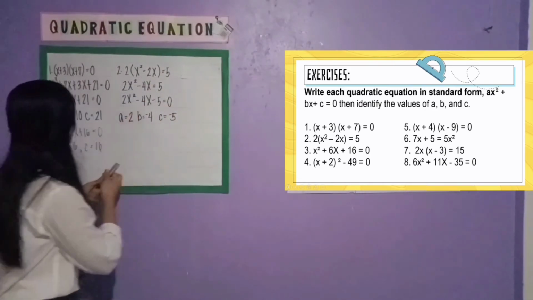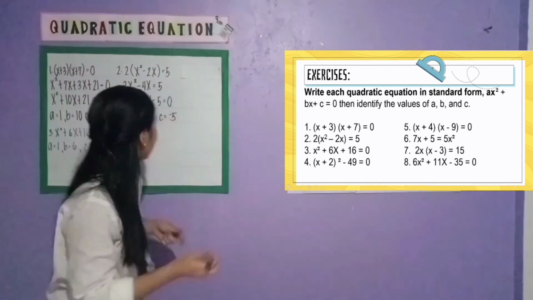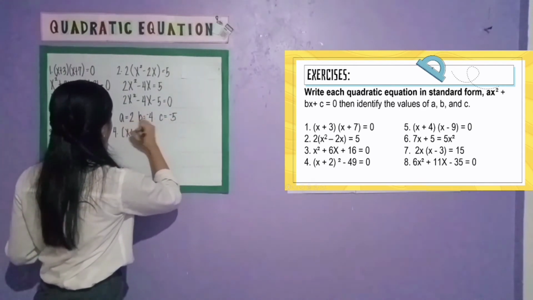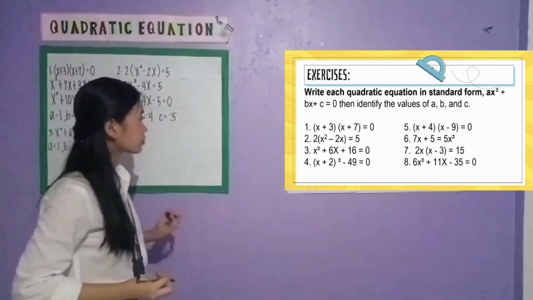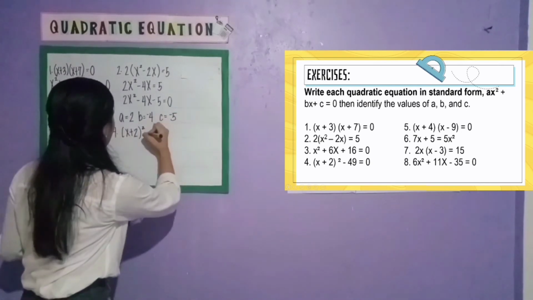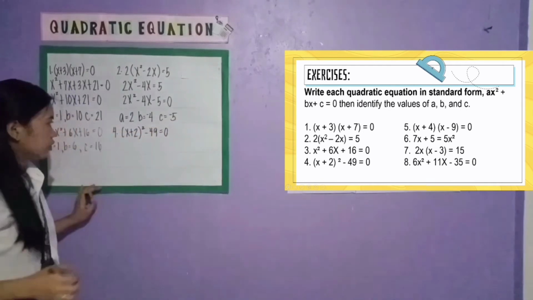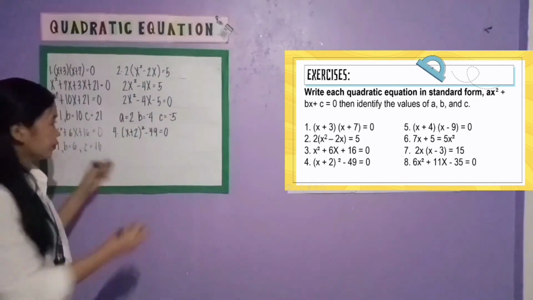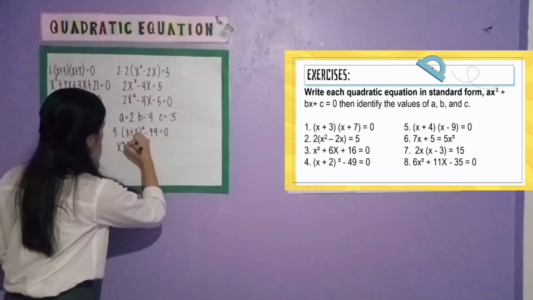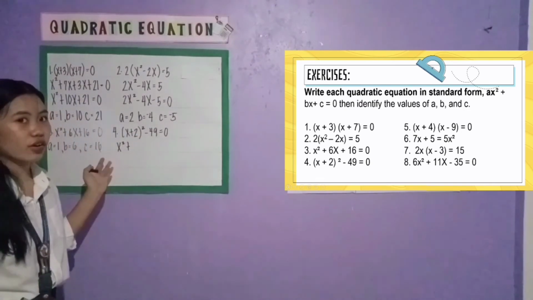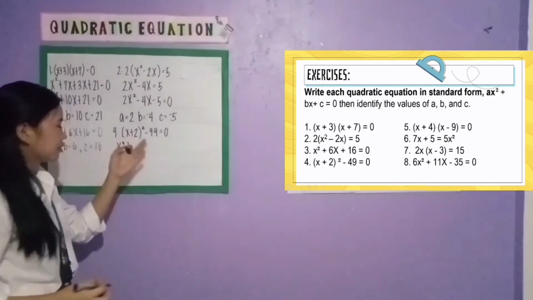So for question number 4, we have the square of x plus 2 minus 49 is equal to 0. We just have to square the first term. Second step is the twice of A and B, or x plus 2.